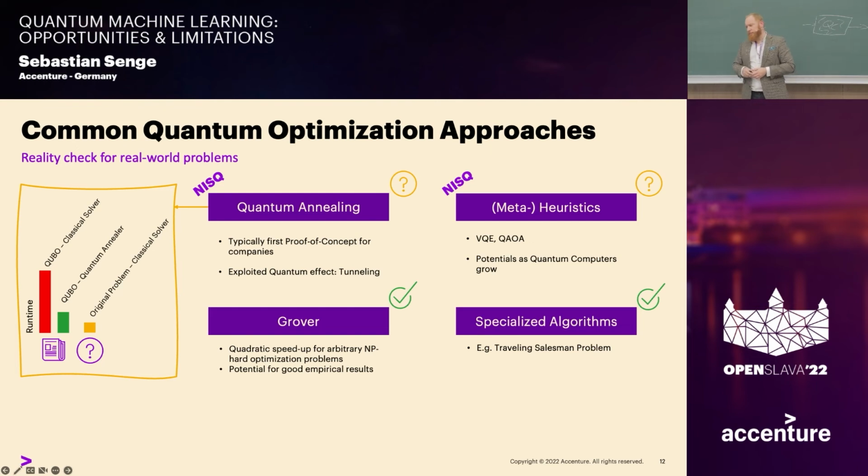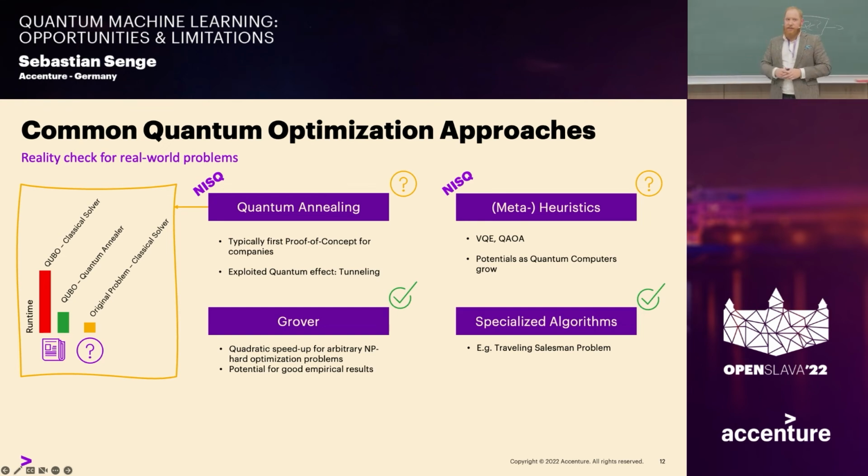Then on the right side, we see meta-heuristics. We'll see that later on a little bit in detail. These kind of algorithms try not to find an optimal solution, but at least to find and approximate a good solution, right? And there's a lot of potential, but also for these algorithms, there is no confirmed case, if you want, where you have an advantage.